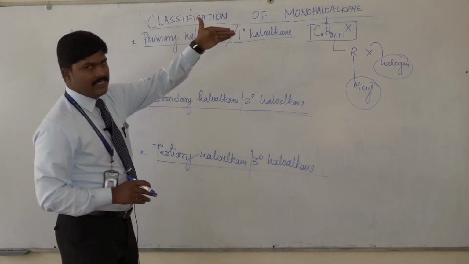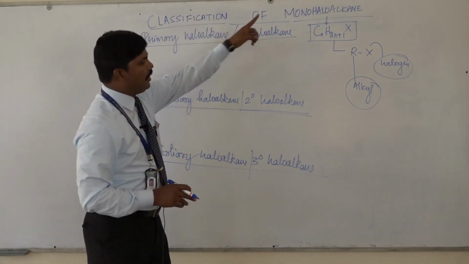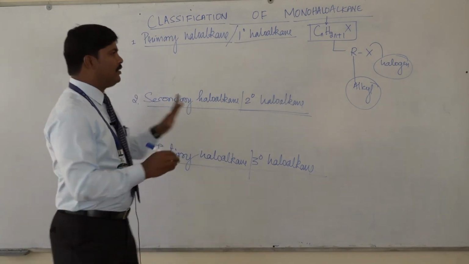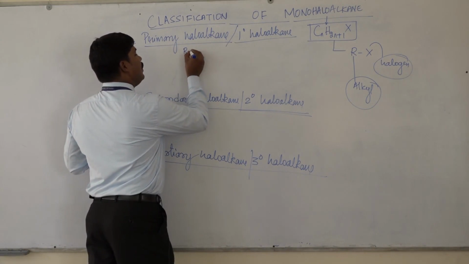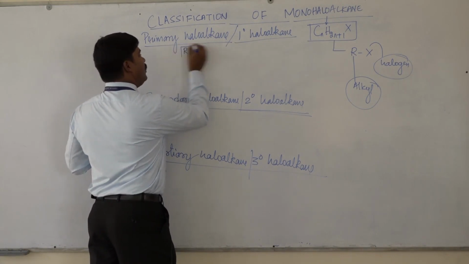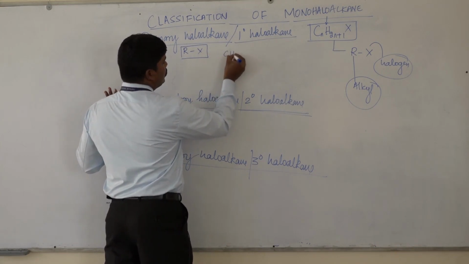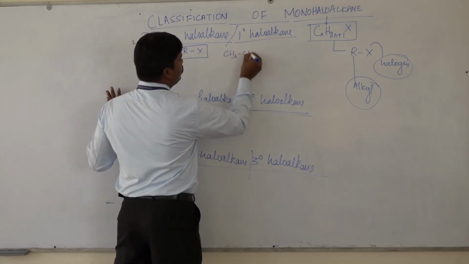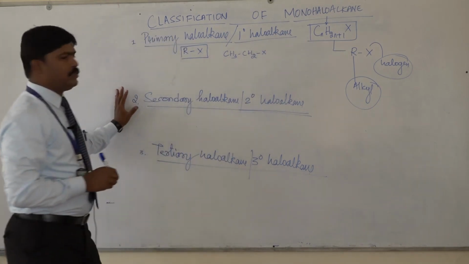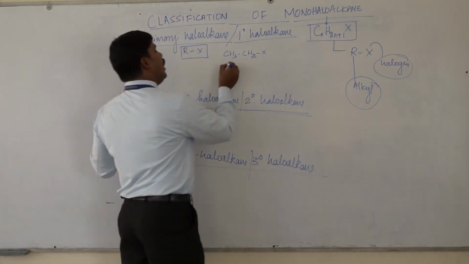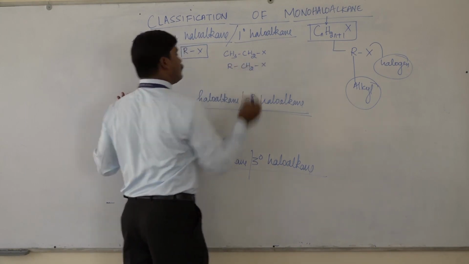Now coming to the primary monohaloalkane, first degree haloalkane under monohaloalkane. The formula is RX, which I elaborate as CH3CH2X, or R-CH2-X.